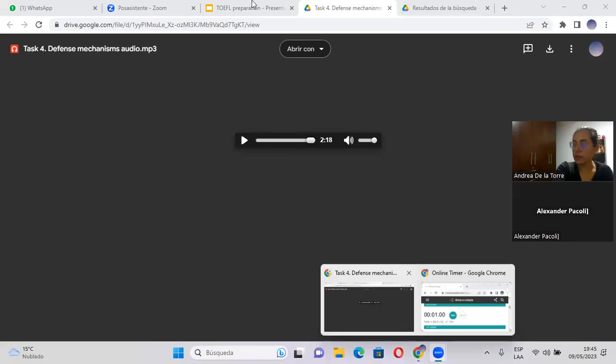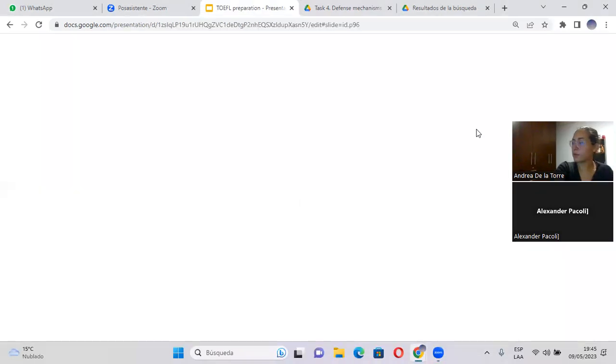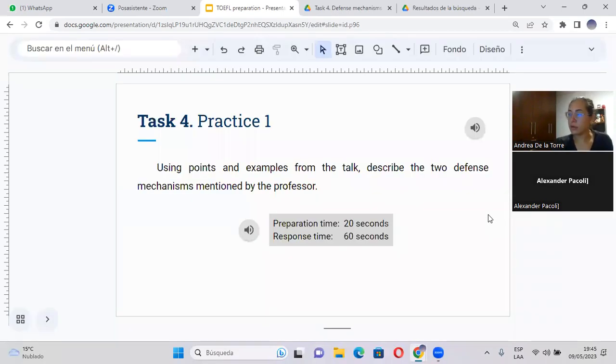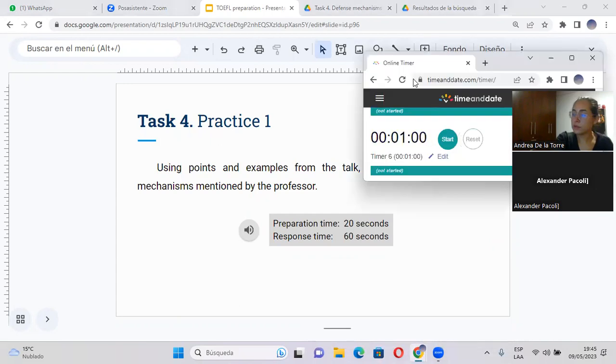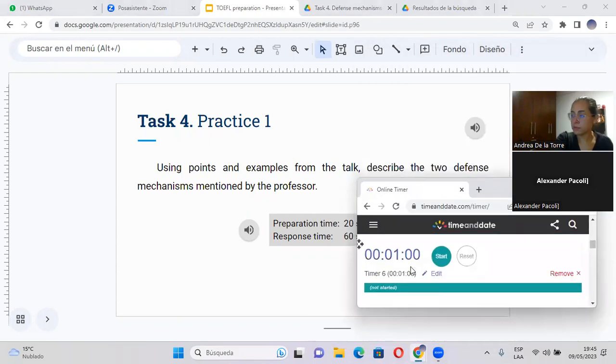Okay, guys. Now the question says, using points and examples from the talk, describe the two defense mechanisms mentioned by the professor. You will now have 20 seconds to prepare your response.